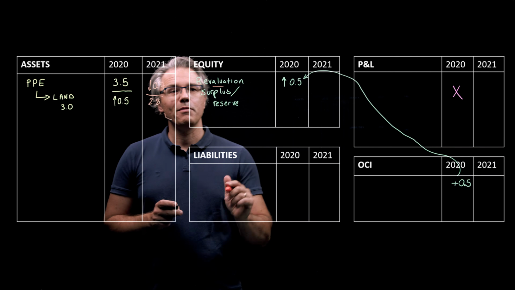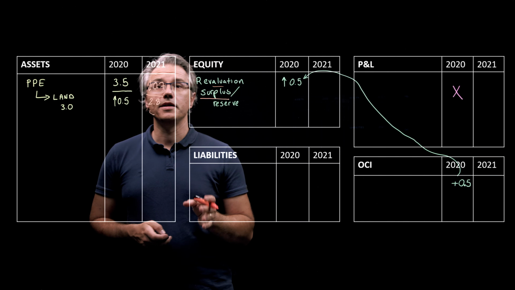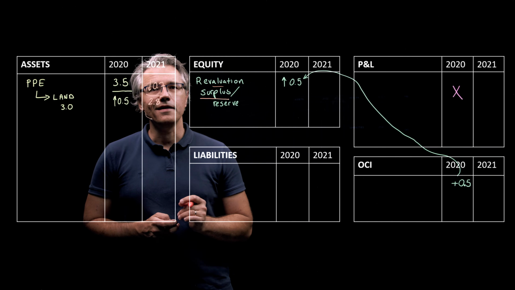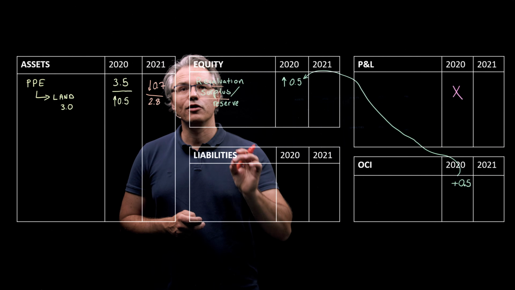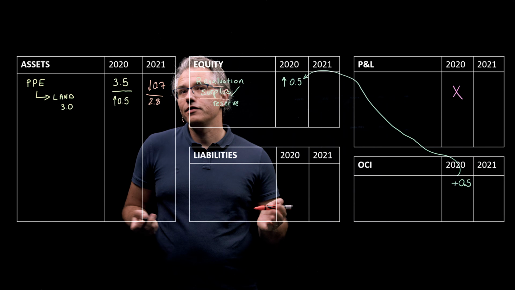But as the name surplus suggests, this can only be a positive item, i.e. we cannot deplete it beyond what is already sitting here, and that is 500,000.